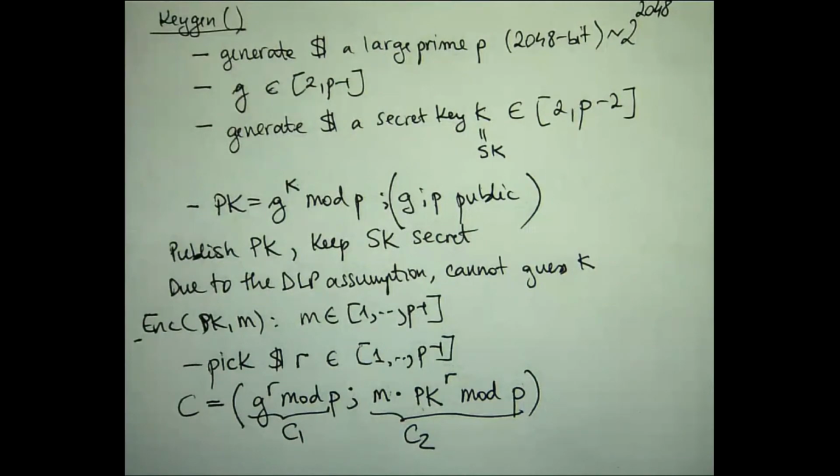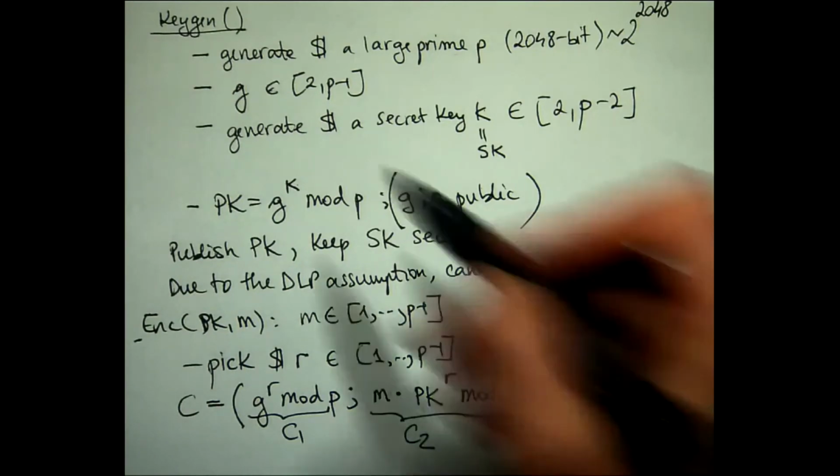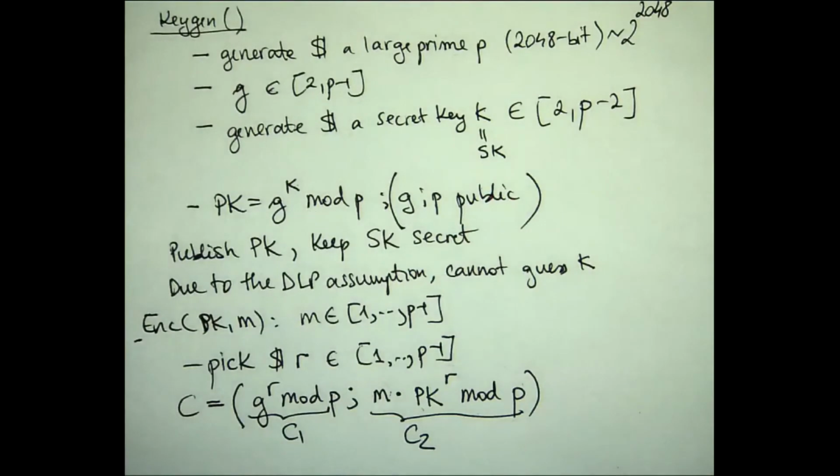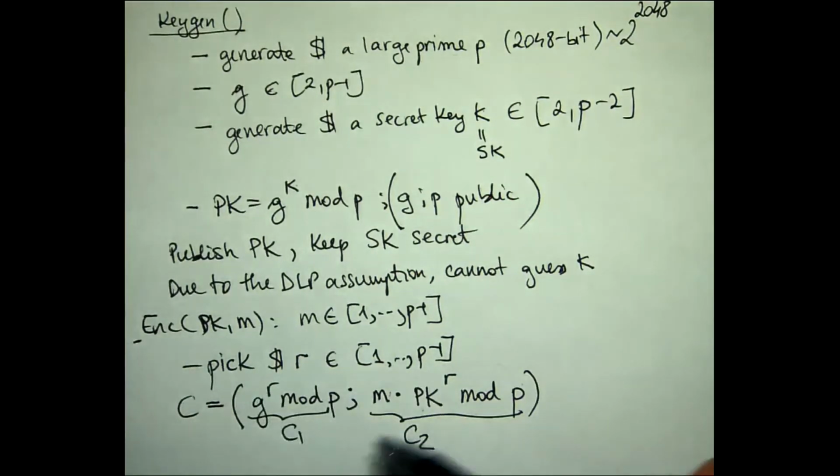Can someone tell me how you can decrypt if you know small k? Anyone want to propose how to decrypt? So again, you know the secret key k, and you know this ciphertext, and you're supposed to get back the message M. You don't know the randomness R, though.